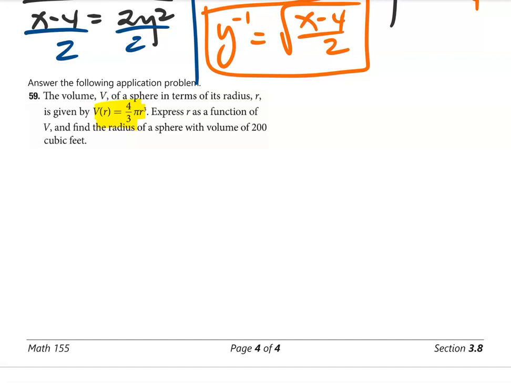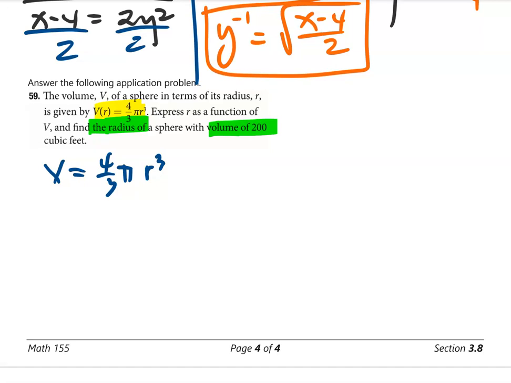So I'm gonna rewrite here the given volume, which is equal to 4/3 of pi r cubed. So we want to get the inverse of this. I don't think we need to find the inverse, since we just want to find the radius, and we already have the volume of 200 cubic feet.